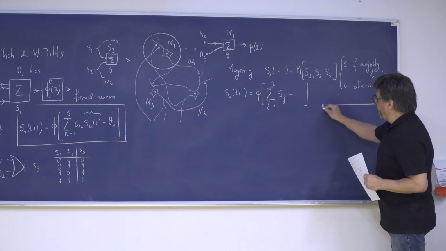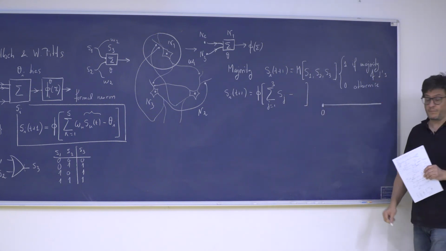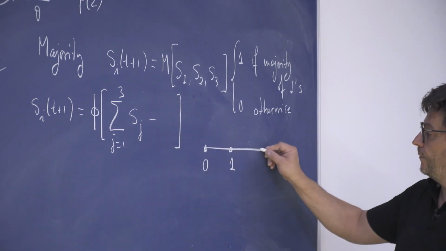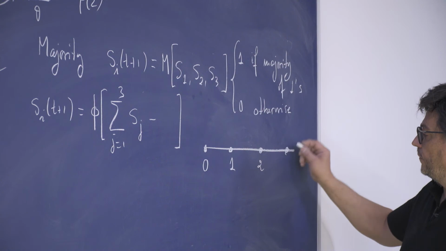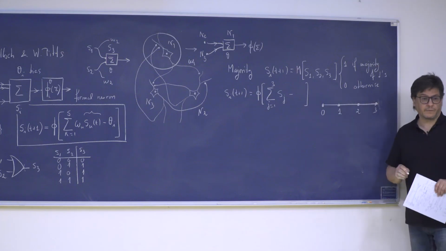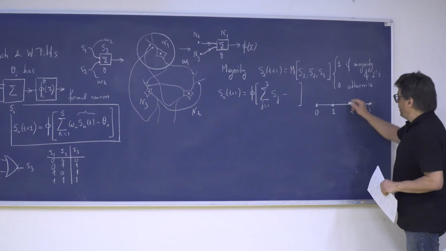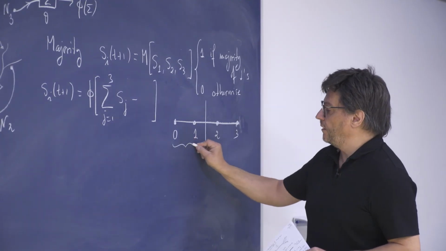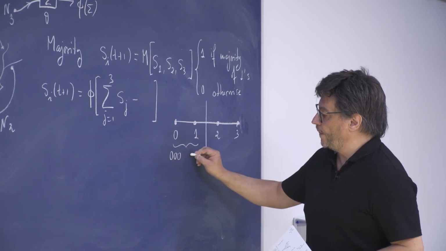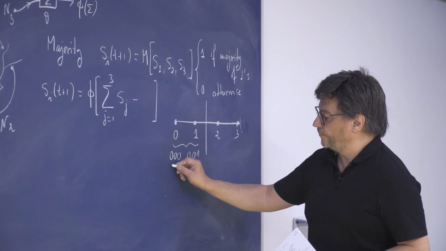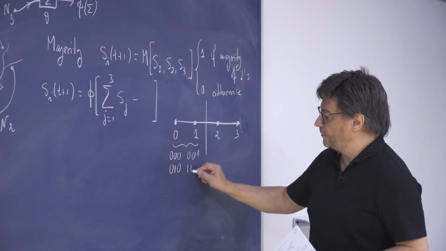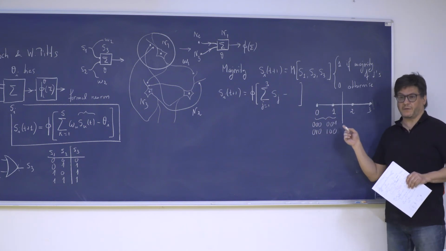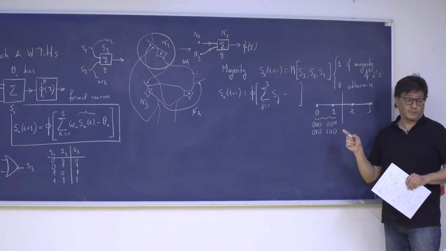Well, I can have everyone 0. I can have just one element having 1, 2, 3. That's all the states possible in my system, right? If I am below this threshold, it means that I either have this or this or this, or this, right? This is the majority of numbers being zeros.